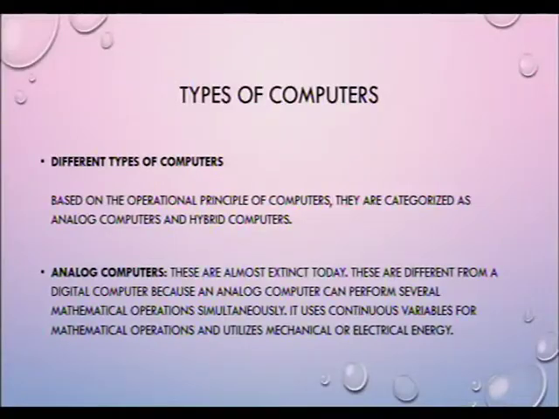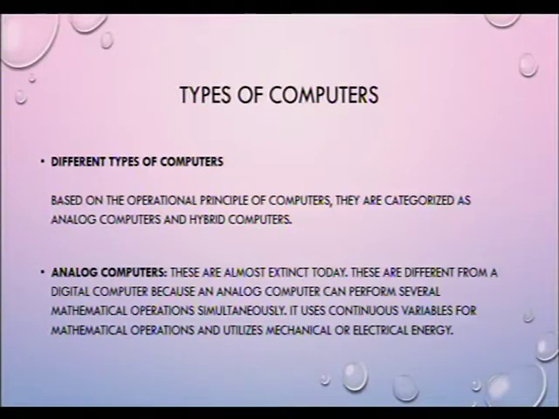Then we have digital computers, which are the ones that we use mostly nowadays. So we have analog computers and digital computers. If we want to understand them, the terms we use are synchronous or asynchronous.